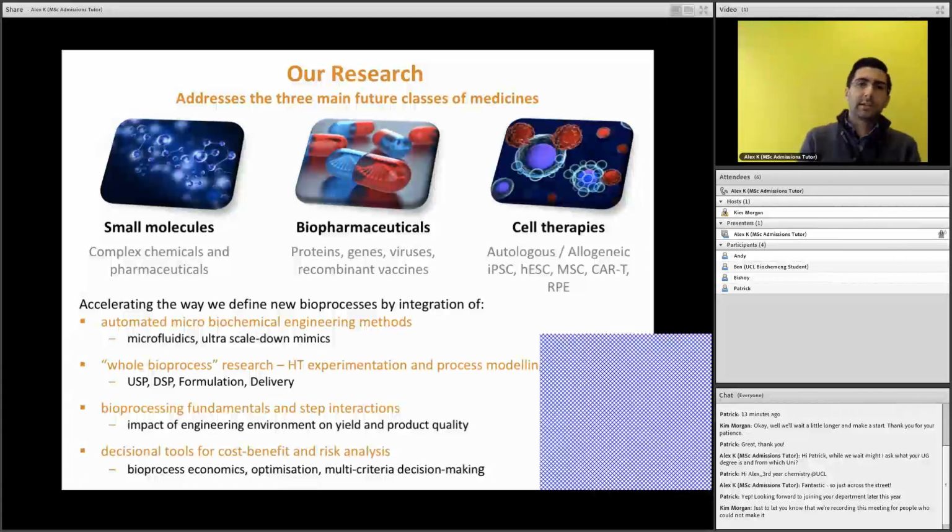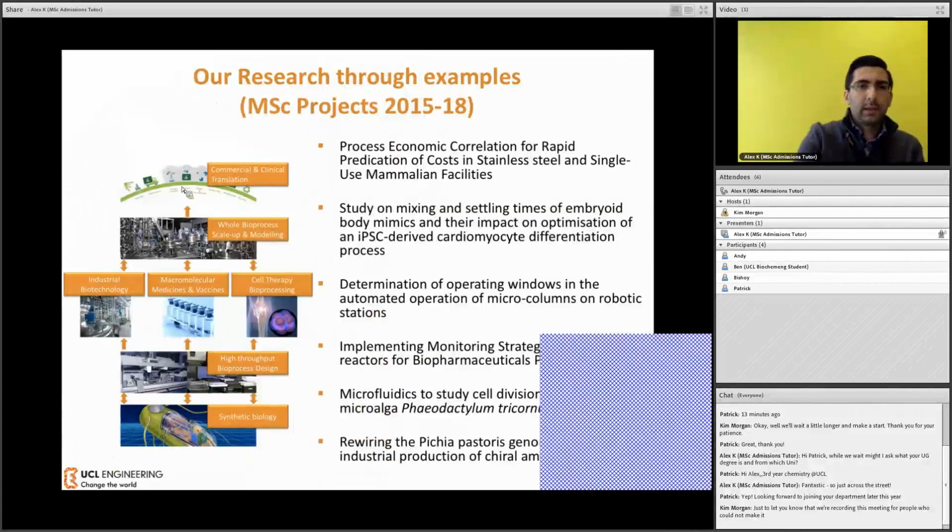And just to give you a visual example of some of the research we do, this is from the microfluidics lab. On the left pane here, what you see is embryonic stem cells actually growing on a microfluidic chip. And obviously, when working with stem cells, one of the key challenges is quantifying and measuring them. So you can have a sense of, if you're changing your process parameters, how does that affect the number of cells and the quality of the cells you're getting?